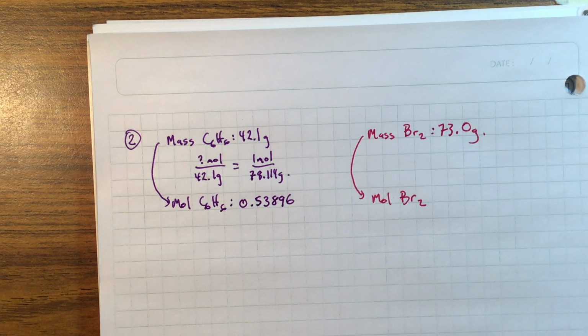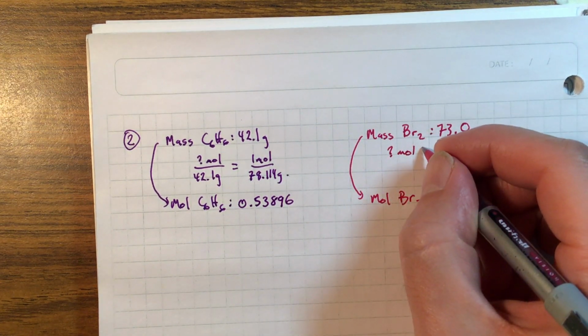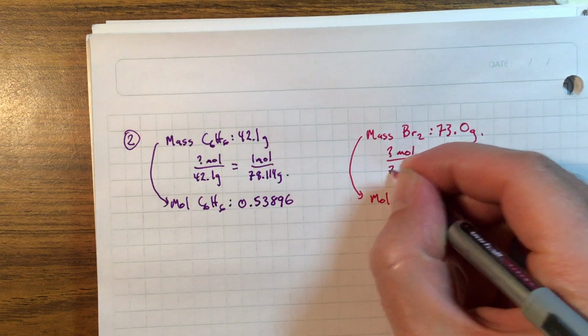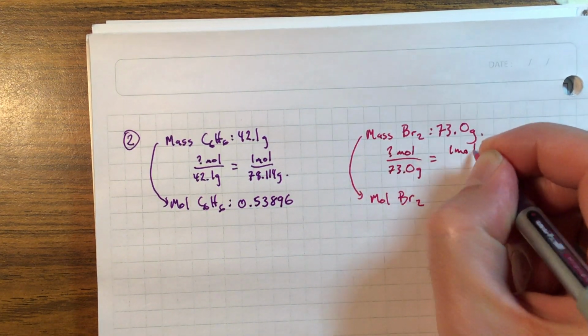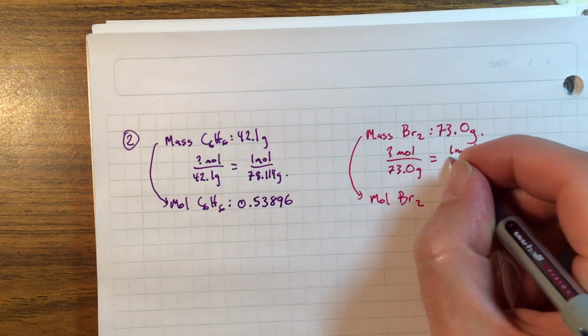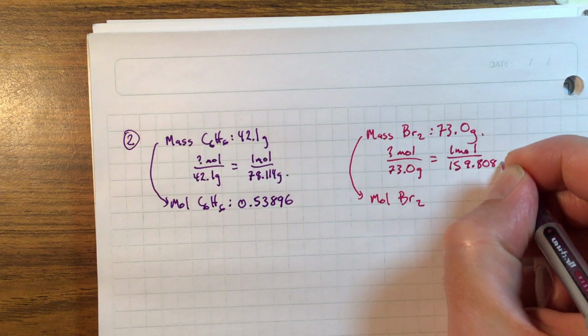Now for bromine, how many moles of Br2 in 73.0 grams, if every mole has 159.808 grams?